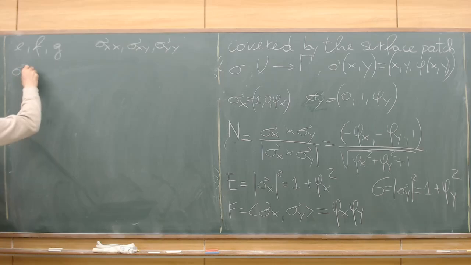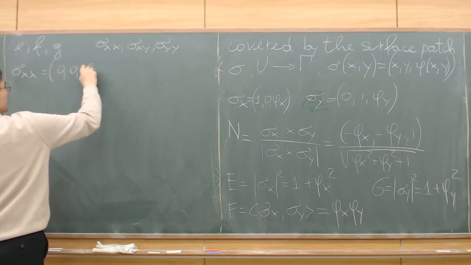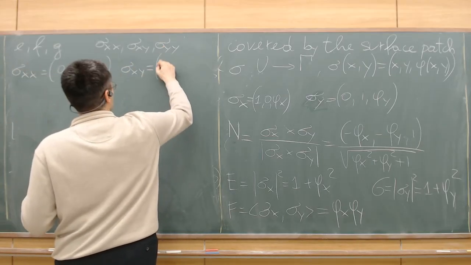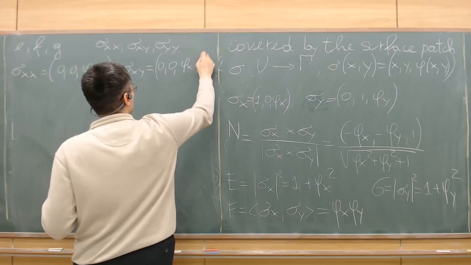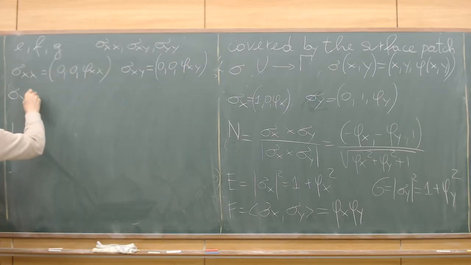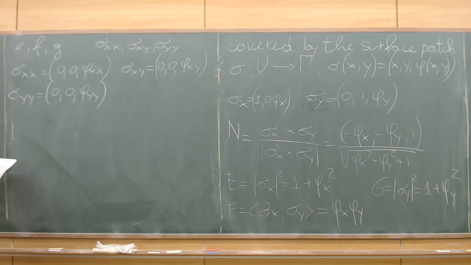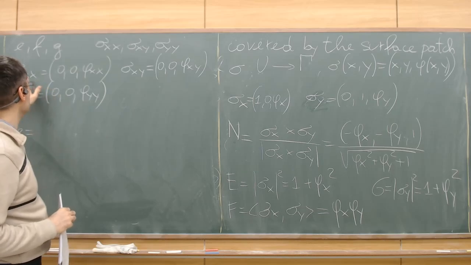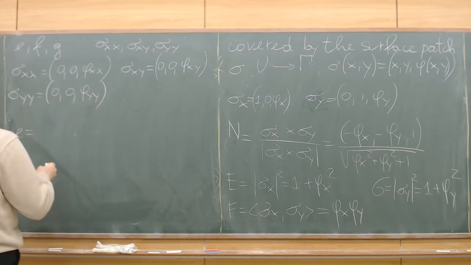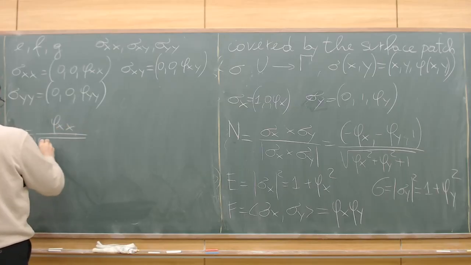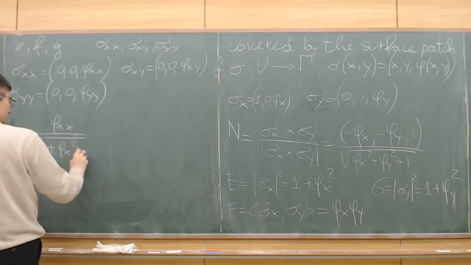So we have sigma xx equal 0, 0, phi xx, sigma xy equal to 0, 0, phi xy, sigma yy 0, 0, phi yy, and this implies that E, which is given by the inner product of sigma xx with n, is just phi xx divided by the square root of 1 plus phi x squared plus phi y squared.